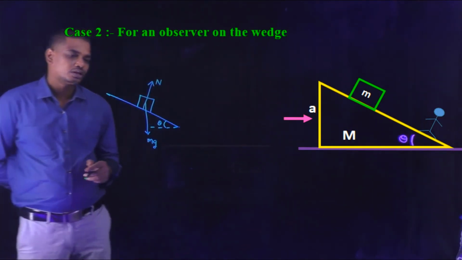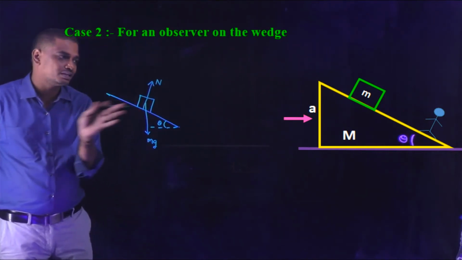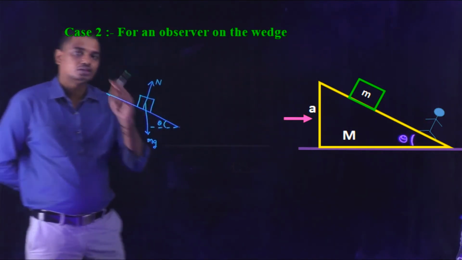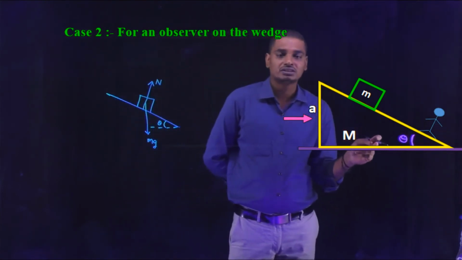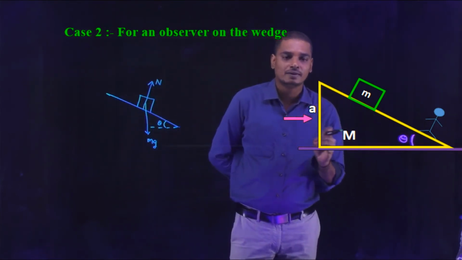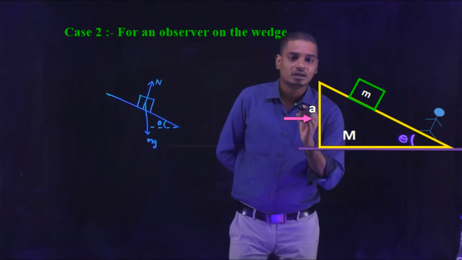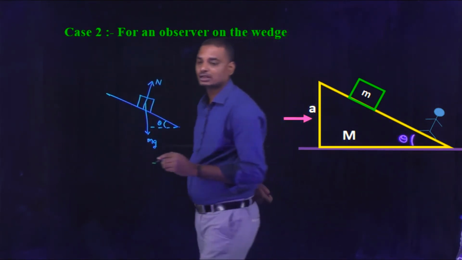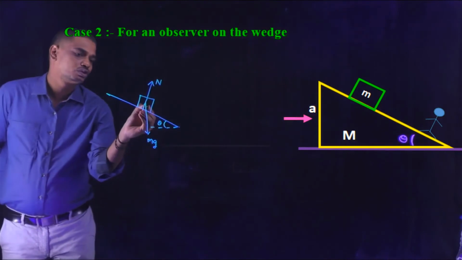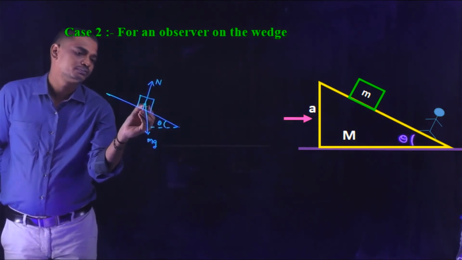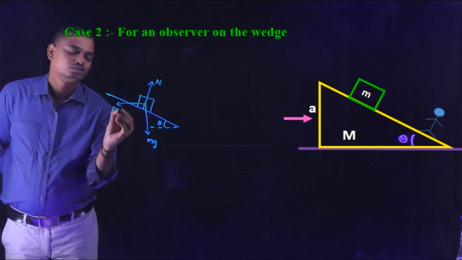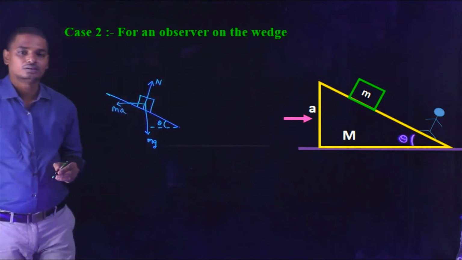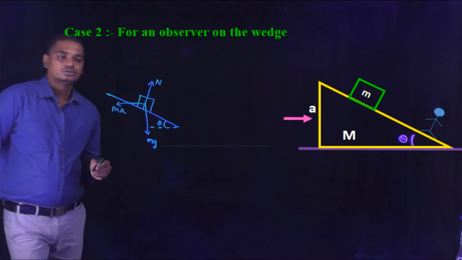Here you can observe that as the force is acting in this direction, the pseudo force will be there. As it is a non-inertial frame of reference, we have to consider a pseudo force. The pseudo force will be opposite to the direction of the acceleration. So the direction of the pseudo force will be in this manner, which is ma. Here ma is the pseudo force.